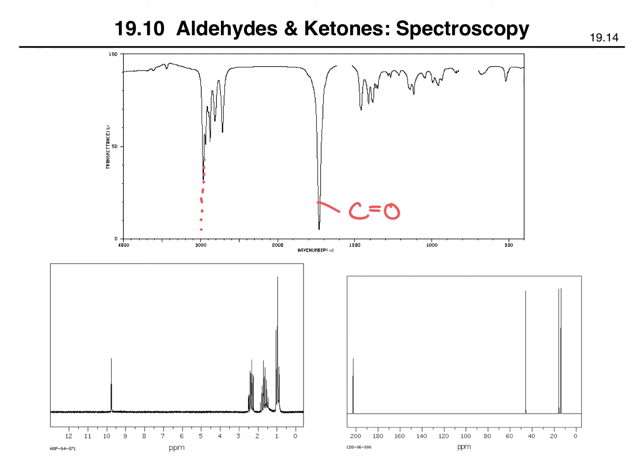So all of our peaks are below 3000, but if you look more closely here, this is 2700. So these two peaks correspond to about 2750 and 2850. So this tells us that we have an aldehyde. And just in case there's any doubt, this tells us in NMR that we have an aldehyde.